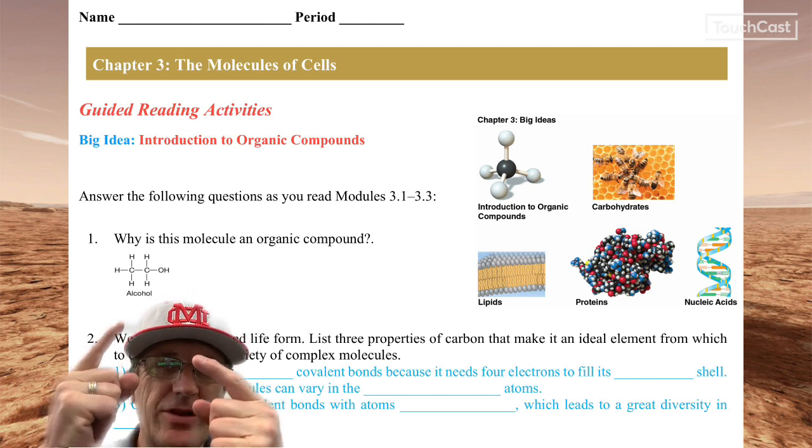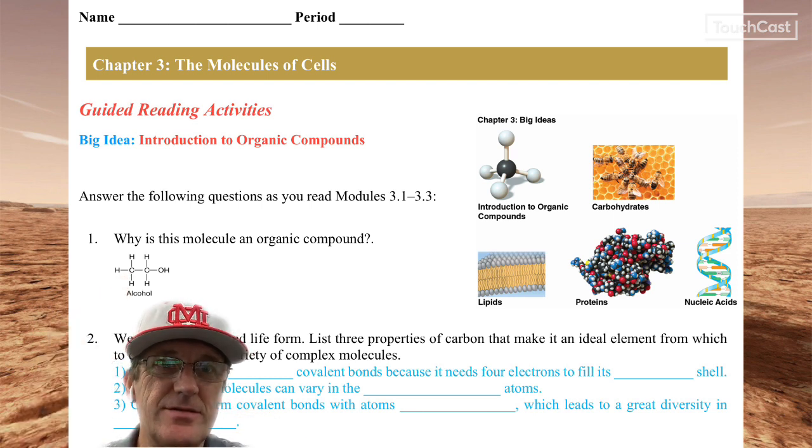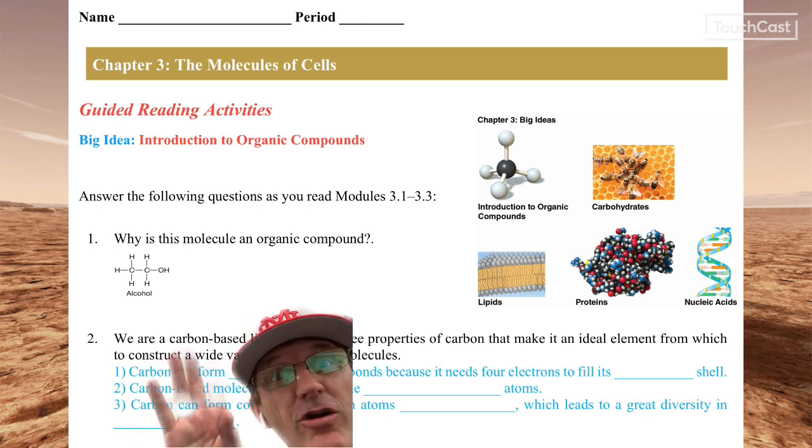So why is this molecule an organic? Because it has carbon. We are a carbon-based life form. The 3 reasons that this is an ideal element from which to construct carbohydrates, fats, proteins, these are complex molecules. 3 reasons. Number 1, carbon can form 4 covalent bonds.